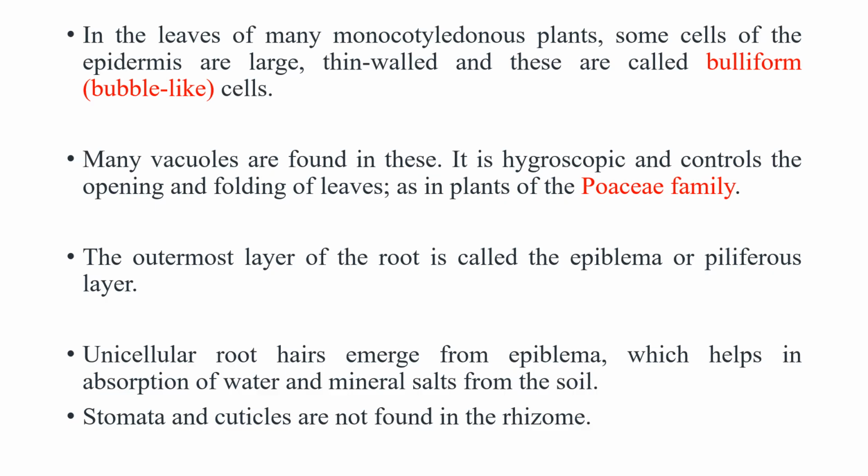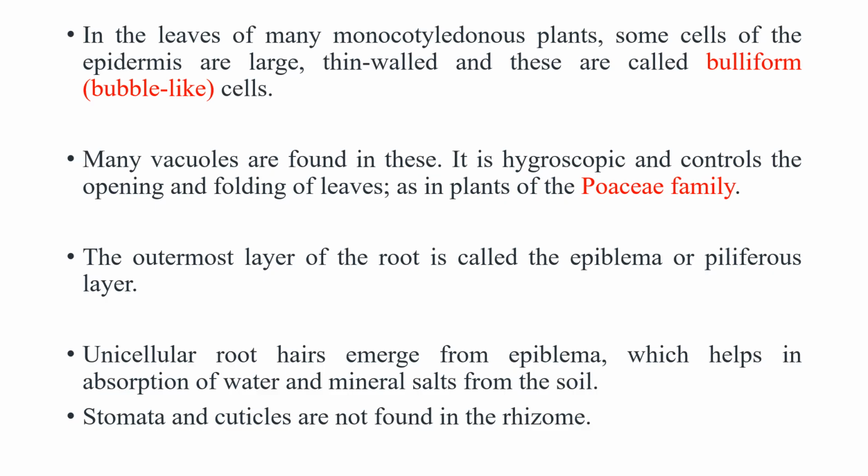So what is a bulliform cell? It is otherwise known as a motor cell. What is its role? These are cells present in the upper epidermis that get enlarged in size, and they help in leaf curling to check transpiration during low water conditions.